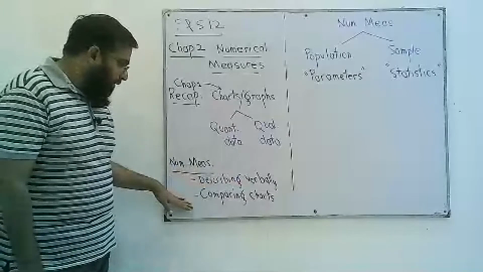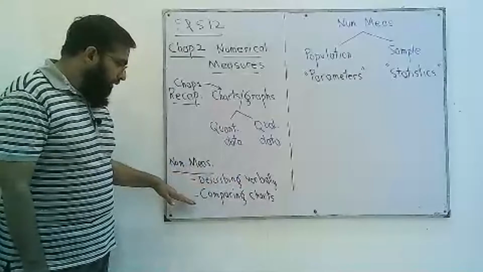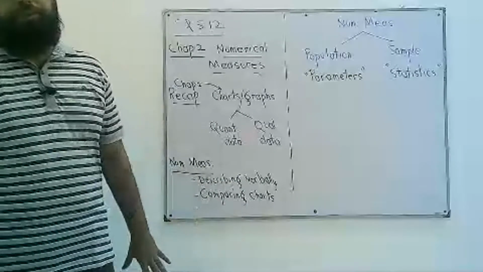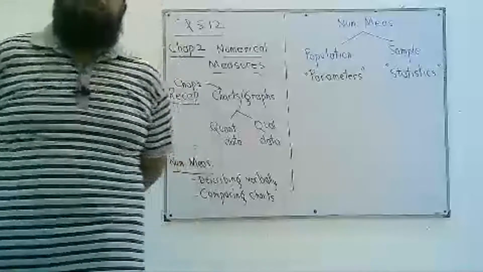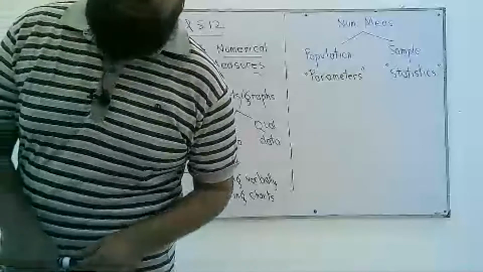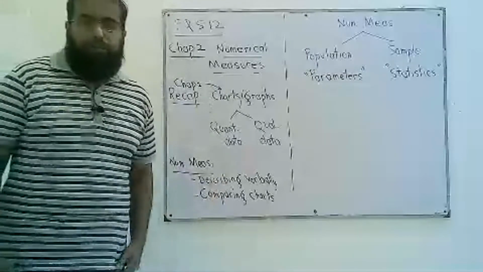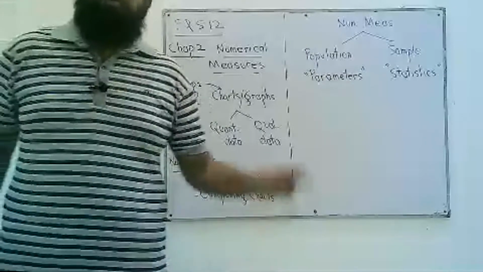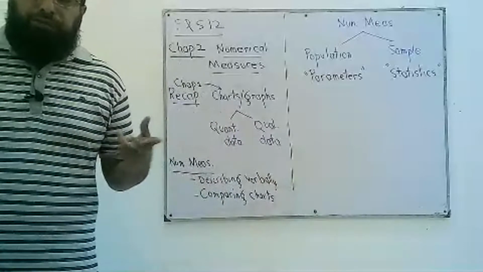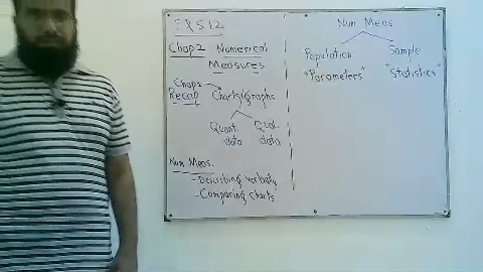The second use of numerical measures is when you have to compare charts, you have to come up with numbers. Whether the two charts are 50% the same, maybe 70% the same, or the mean or average of the two charts is different by 2 or 3 or something like this.